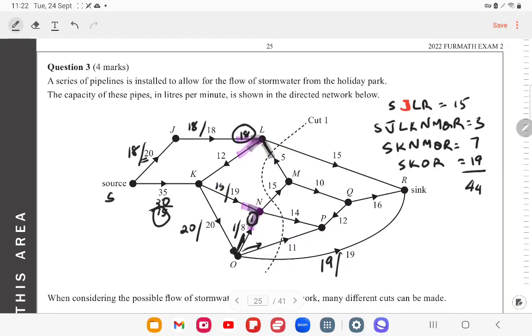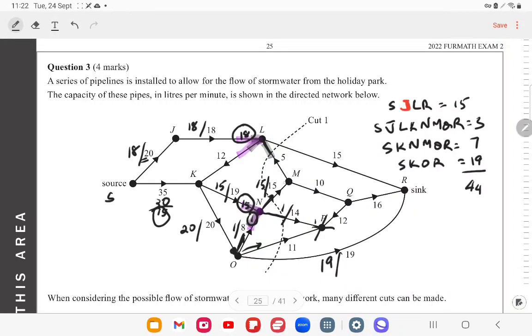So that 15 will flow through here and reach, that will be the other inflow here. So totally that makes 16, of which 15 will continue to flow through that, and the remaining one could flow through that and reach here, but it really doesn't matter because it has no outflow over here.